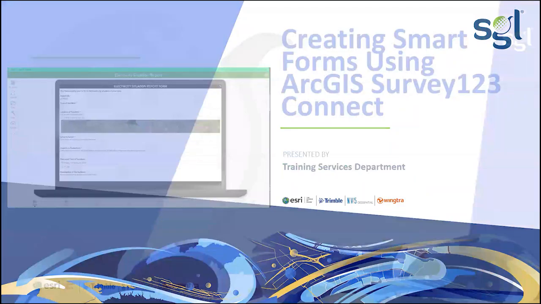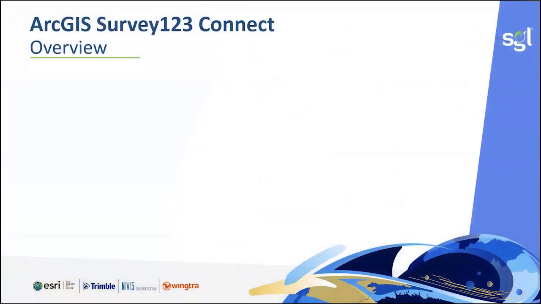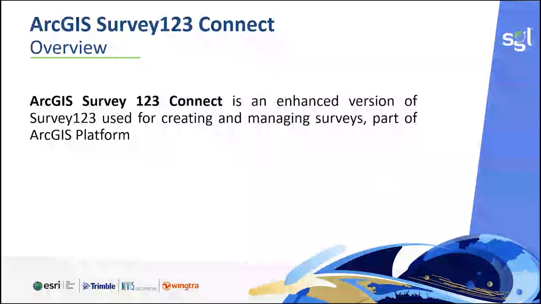So let's briefly look into the overview of ArcGIS Survey123 Connect. It is an enhanced version of Survey123 used for creating and managing surveys, and it's also part of the ArcGIS platform.